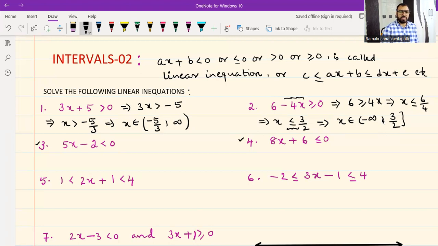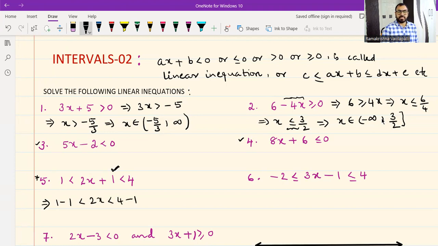So here is another question, question number 5. 1 less than 2x plus 1 less than 4. Here you just subtract the number 1 from the entire inequation. 1 minus 1 less than 2x less than 4 minus 1.